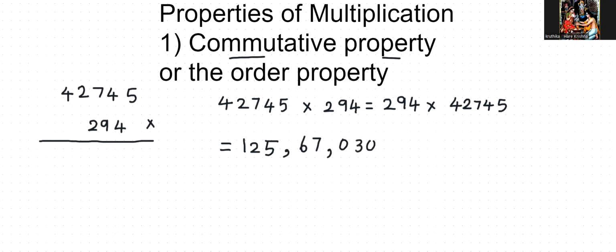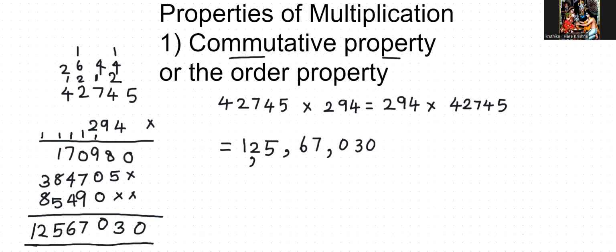Try this. Okay. So these are going to be the carryovers, and this is going to be the answer when you're multiplying 42,745 by 294. Even when you change the order, that is, you take this one as the multiplicand and this as the multiplier, the product is not going to change.